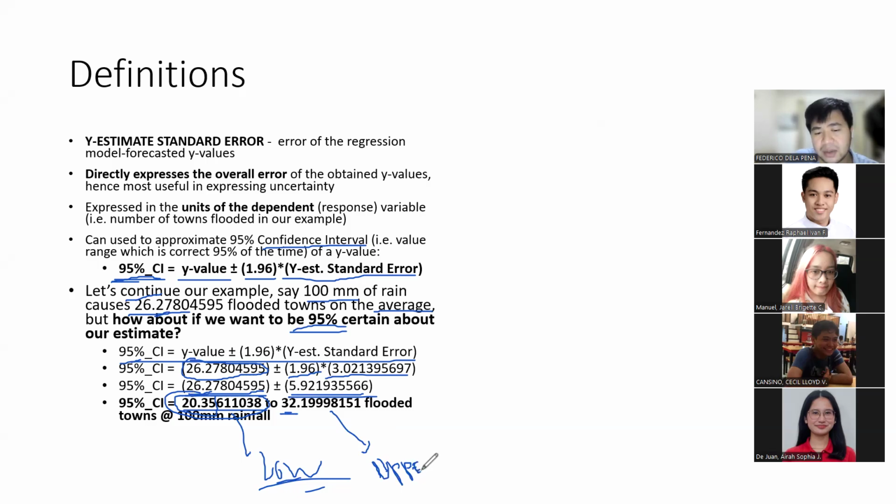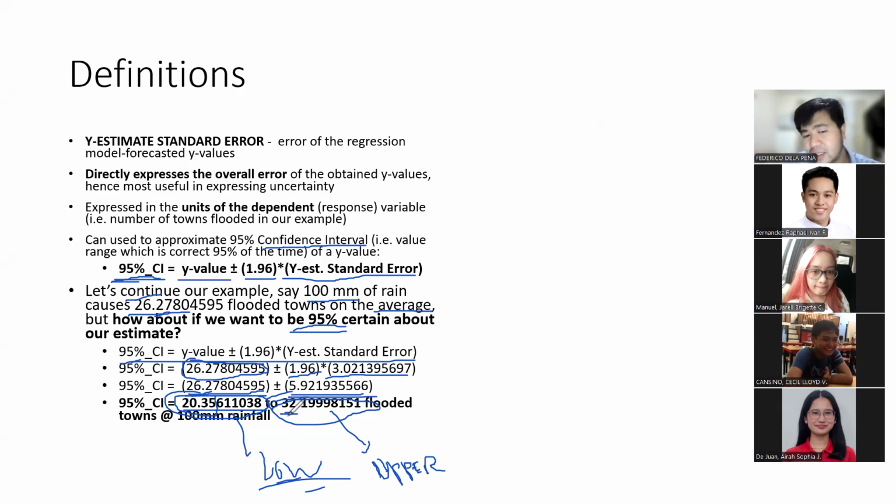So practically speaking, how can you use this value? For example, if your boss wants a safe value, like a worst case scenario that would be correct 95% of the time, we can say that we're gonna get 32.2, or you can simply round that up to a whole number.